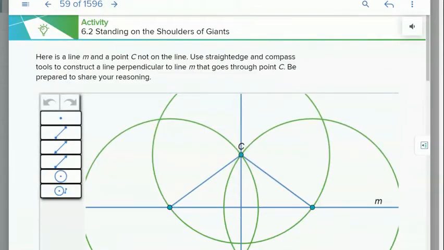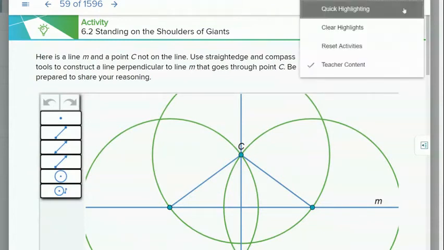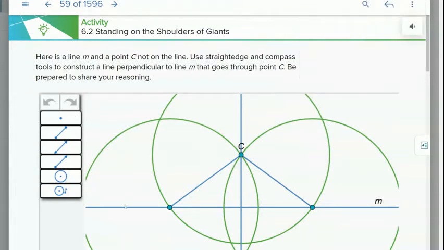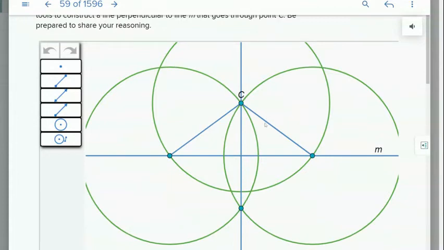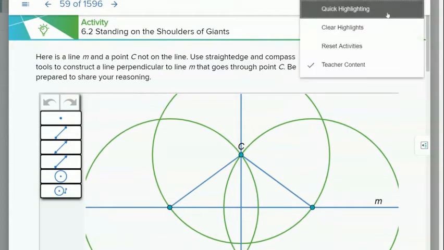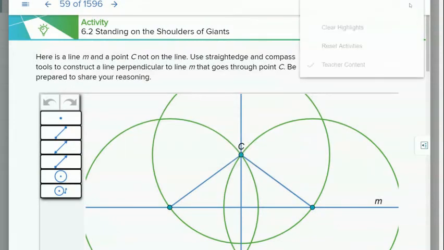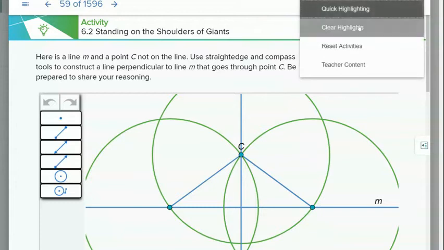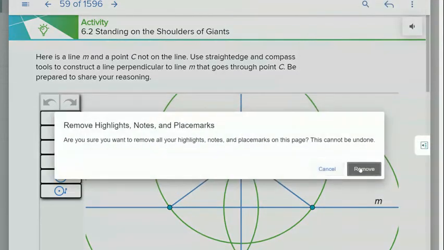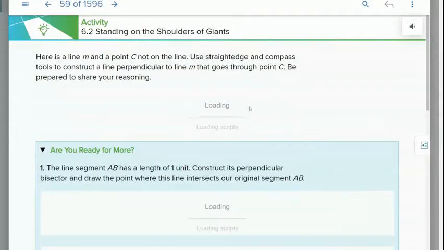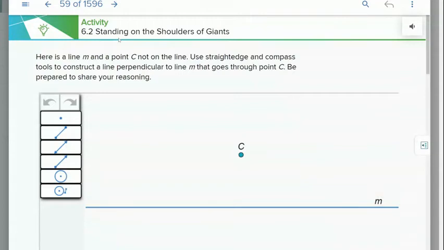So, activity 6.2, standing on the shoulders of giants.